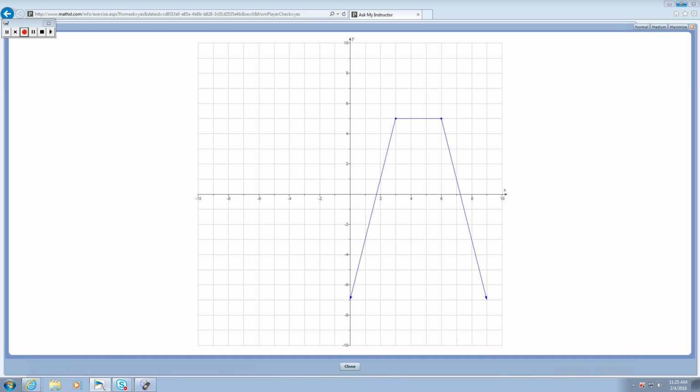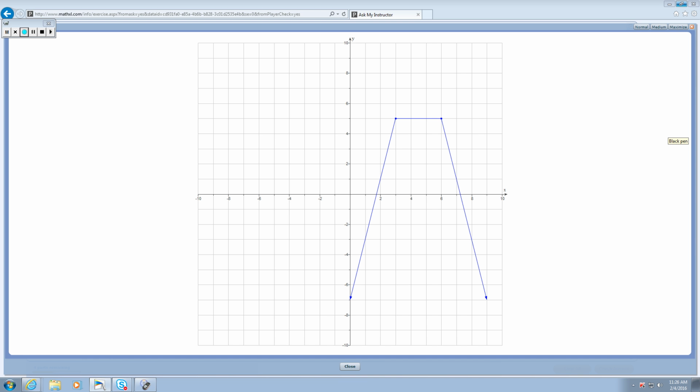So the range for this function is negative infinity to 5. You touch 5 and you never touch infinity. So there's the domain and the range. And we've got a blue line that arbitrarily drew itself on this. It's always nice to have arbitrary blue lines show up.